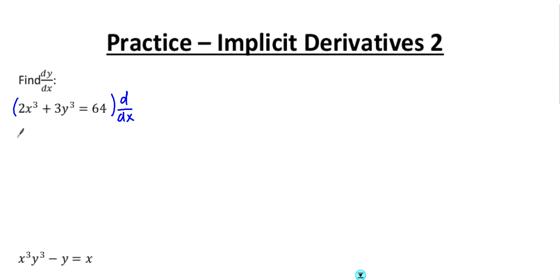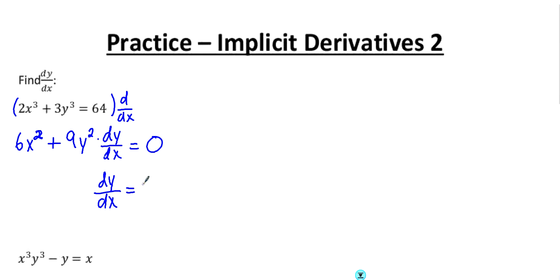So 2x cubed, that is 6x squared, plus 3y cubed, that's going to be 9y squared times dy over dx, equals 0, because the derivative of 64 is 0. Okay, we're going to move this 6x squared over and then divide by 9y squared, so we get dy over dx equals negative 6x squared over 9y squared.